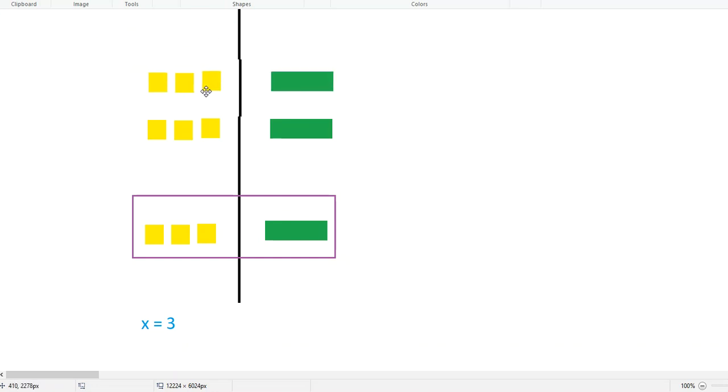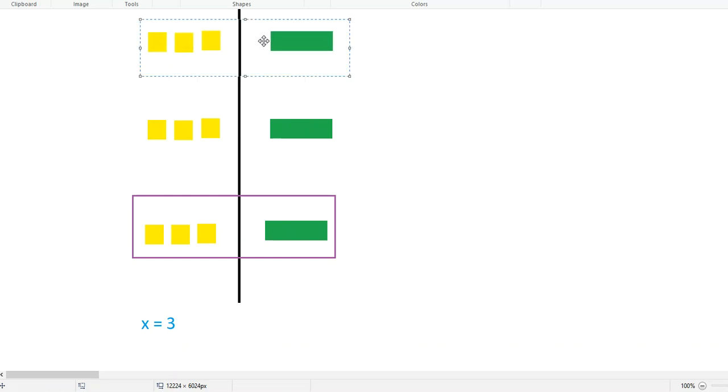We ended up with 2 x values and these 6 single units, and we're going to move these apart so that each of them has an equal number of its own share of these unit values.